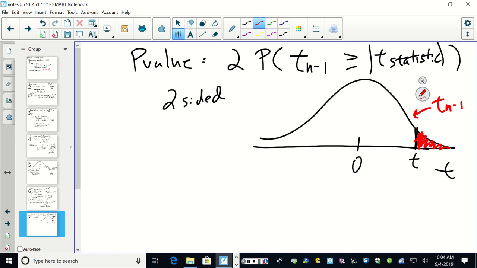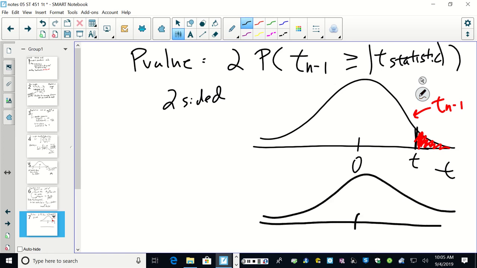The other picture: if our t statistic happened to be down here, call it negative t to emphasize that it's negative, another way of defining the tail area is we'd want this area out here. The t is symmetric. So if we take the absolute value and look at the area going up here, it would be the same as the area in the corresponding part here. But to write it concisely in just one statement, we take the absolute value and double it.